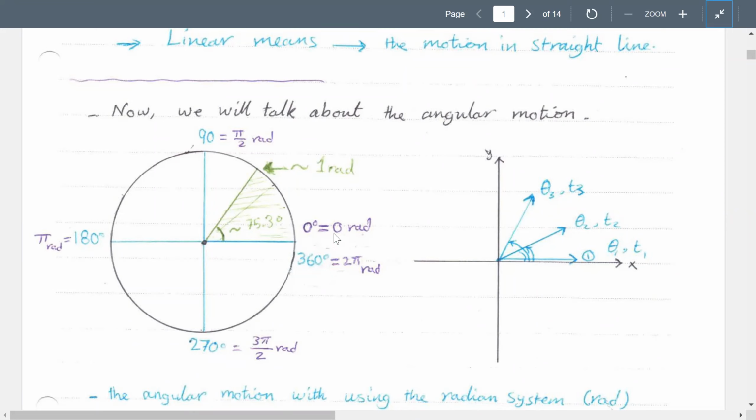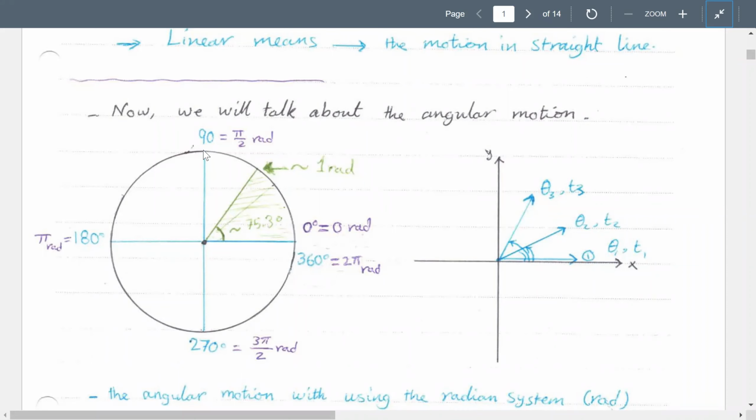And it is equal also to 0 radian. We have two systems now to measure the angles, which are the degree and the radian system. And you can see that on your calculator also. So 0 is equal to 0. We will see how to deal with that.